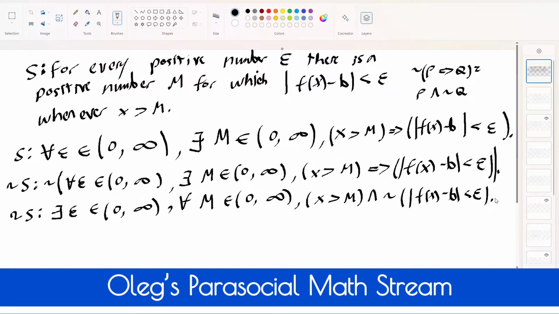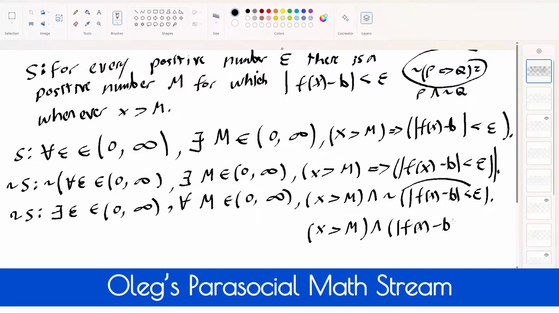Okay, so what happened with them was that they just left it right there. And what I did was I did the bottom one, not Q. If we wanted to further spread this out, we would put it right there, so it would be like this: x greater than M, and f of x minus b is greater than or equal to epsilon.